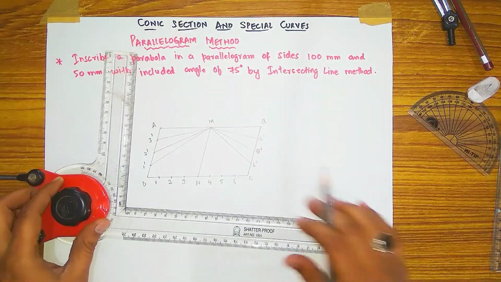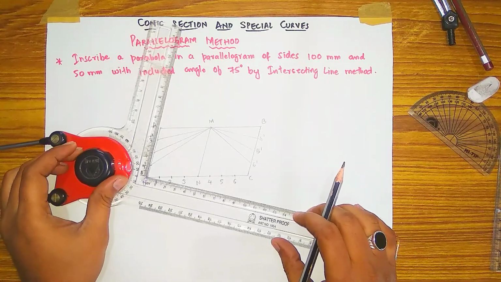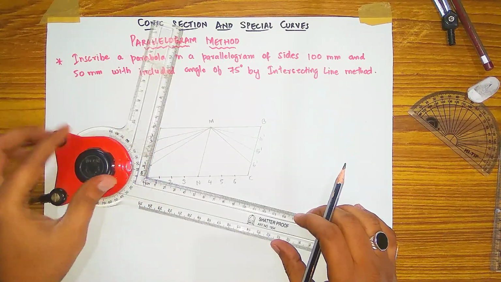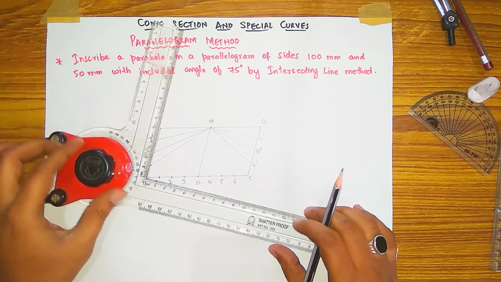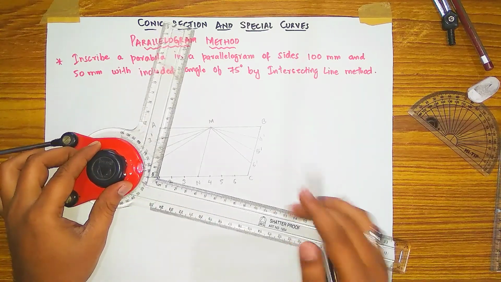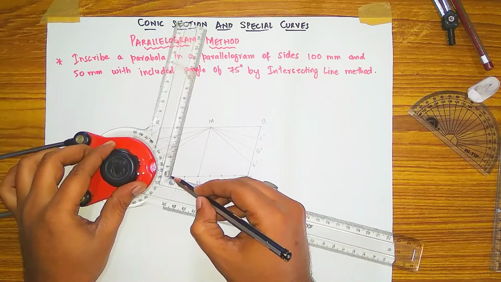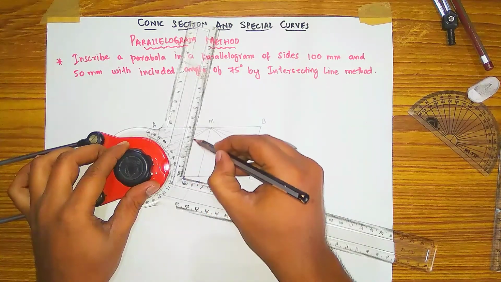Now you have to draw lines, not exactly perpendicular but with the angle. This angle is set at 75 degrees, so adjust your mini drafter with that angle like this. From 1, draw the line till 1 dash. Like this, from 2 till 2 dash, and from 3 till 3 dash.